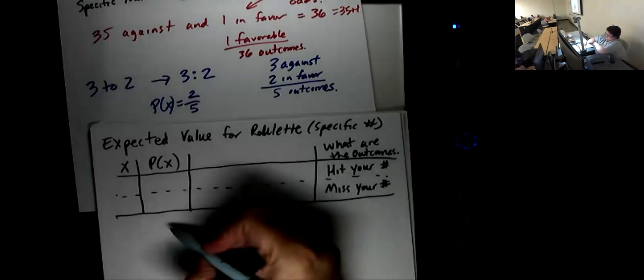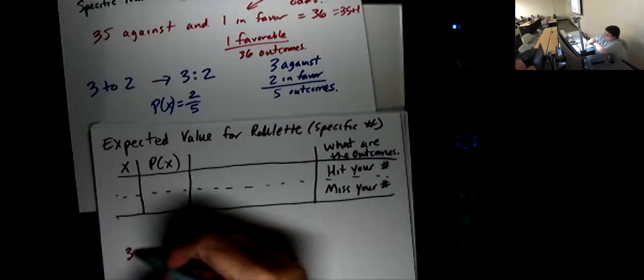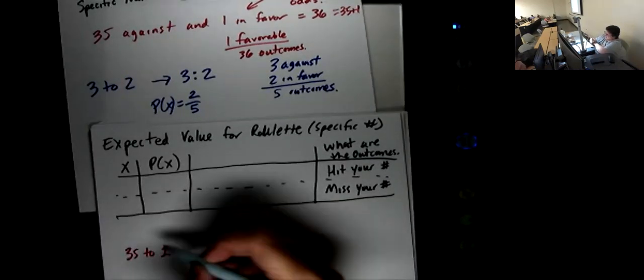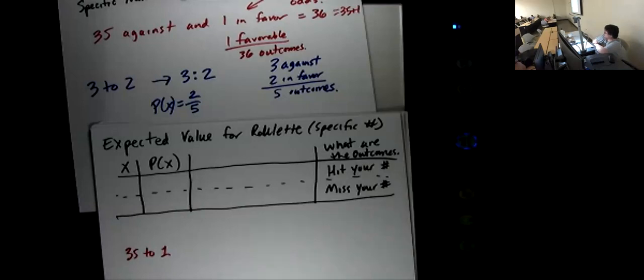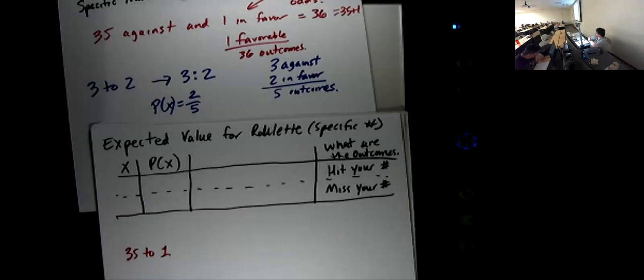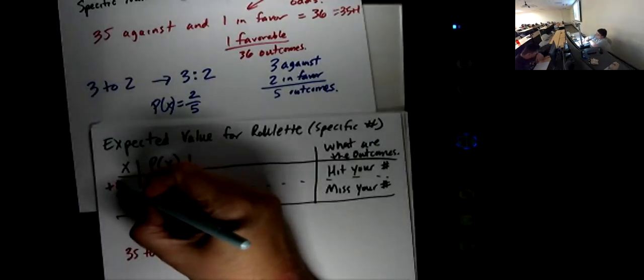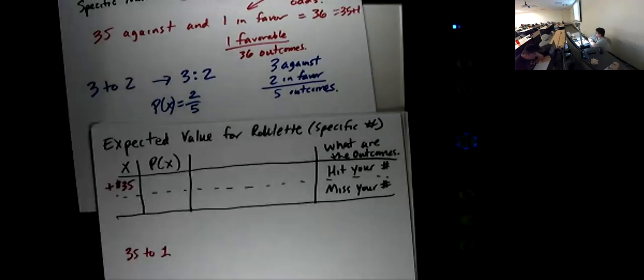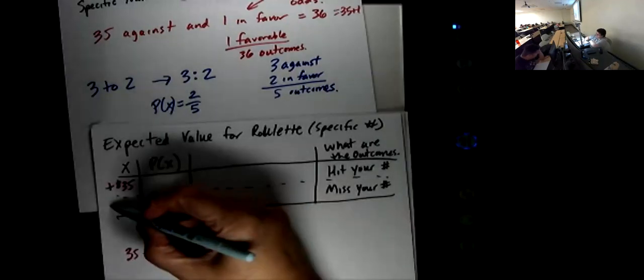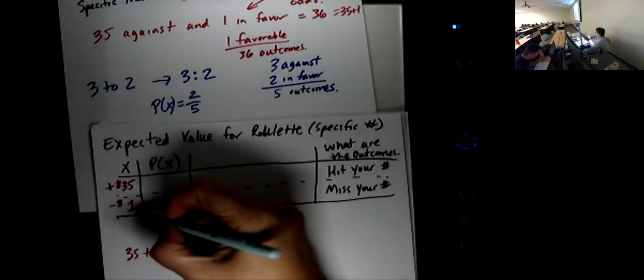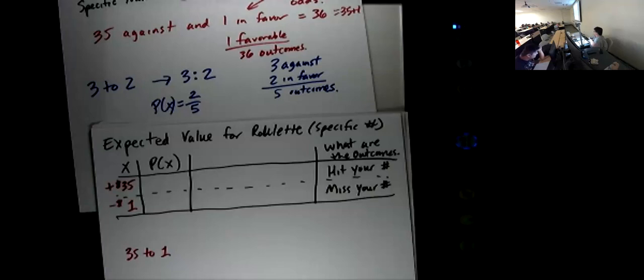And we had 35 to 1 odds, which means if I hit, I win $35 for every dollar I bet. Plus $35. If I lose, I only lose $1. Some tables will allow you to play as low as $1.